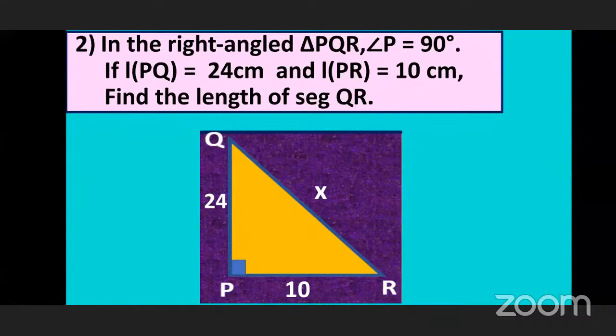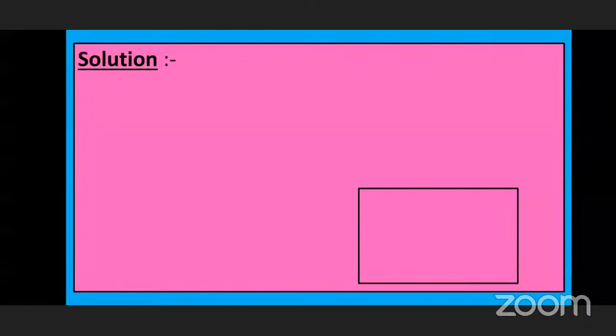So which formula we can use, children? Hypotenuse square. And what is the formula known as? Pythagoras theorem. Yes, correct. It's the Pythagoras theorem.